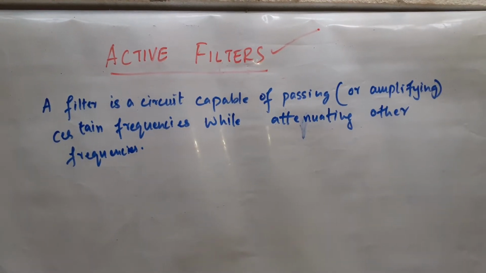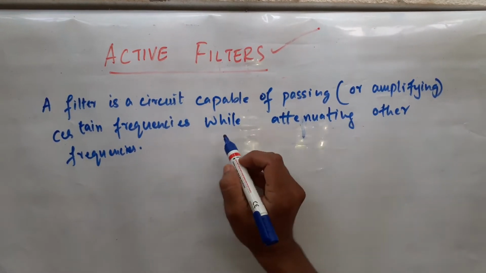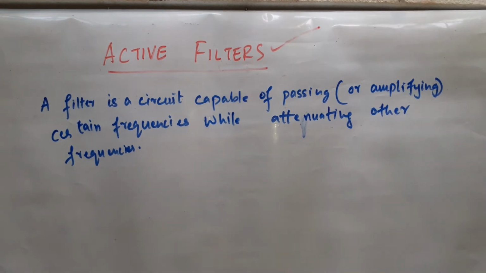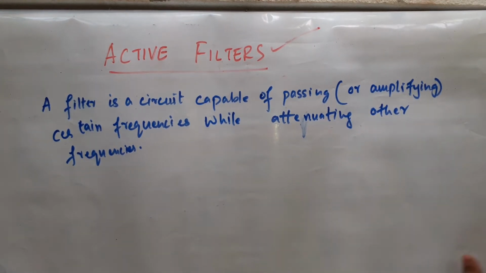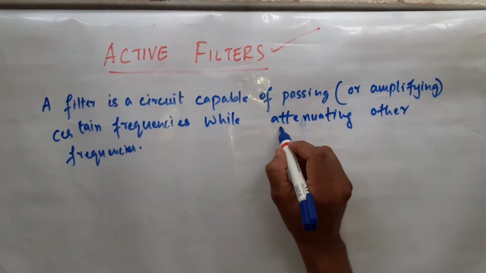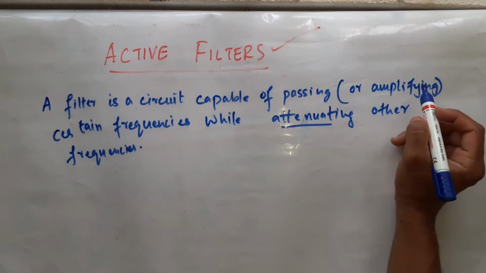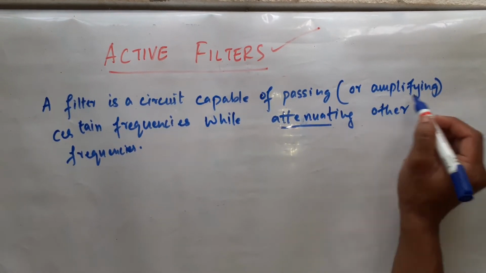I'll repeat: a filter is a circuit capable of passing or amplifying certain frequencies while attenuating other frequencies. Attenuating means reducing. We can also take it as the opposite of amplification.